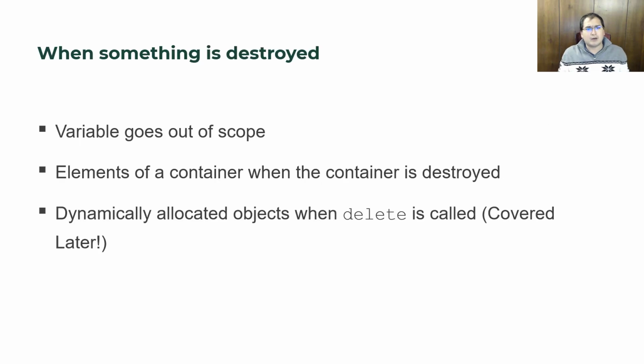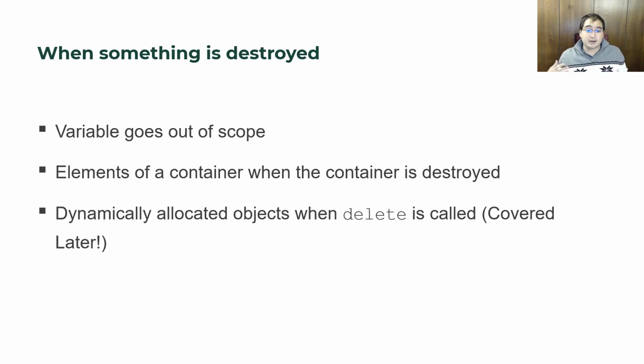You might ask, well, when will things get destroyed? Well, when variables go out of scope, meaning like a local variable to a function, when the function ends, all those local variables are destroyed. And those local variables may be instances of your custom class. And you may want something to happen when those variables are destroyed.